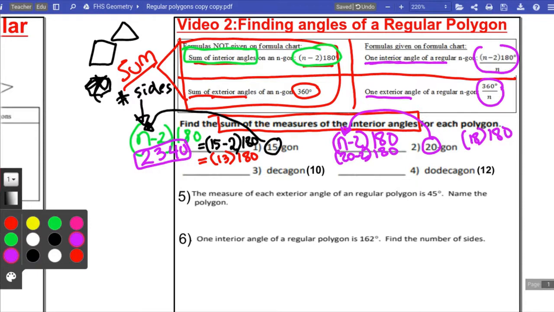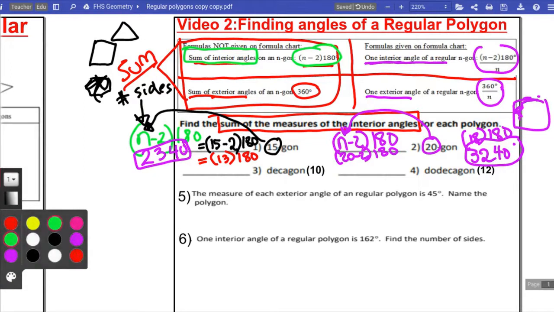Then you use your calculator. 18 times 180 gives us 3240 degrees. I forgot to put degrees right here. You're wondering what 3,240 means. It means in a polygon that has 20 sides, I don't even know where to start drawing that, just a closed shape with 20 sides, if you add all the interior angles, you will get 3,240 degrees.